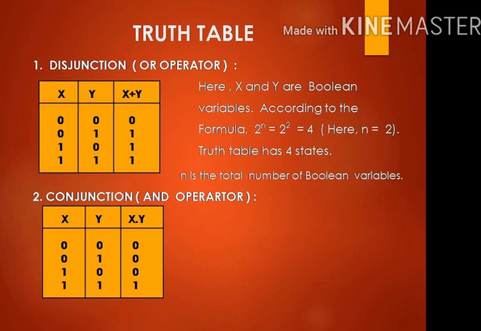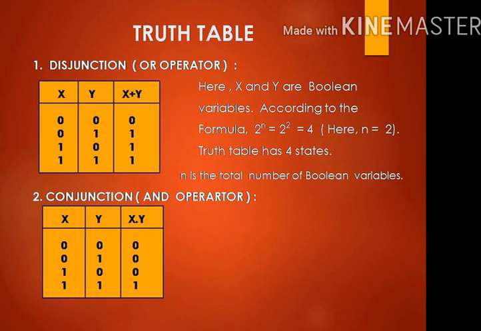So 2 to the power 2 equals 4. So in the truth table 4 states are available. X column 0 0 1 1, y 0 1 0 1, x plus y 0 1 1 1. Plus is used to represent disjunction operator, that is OR operator.